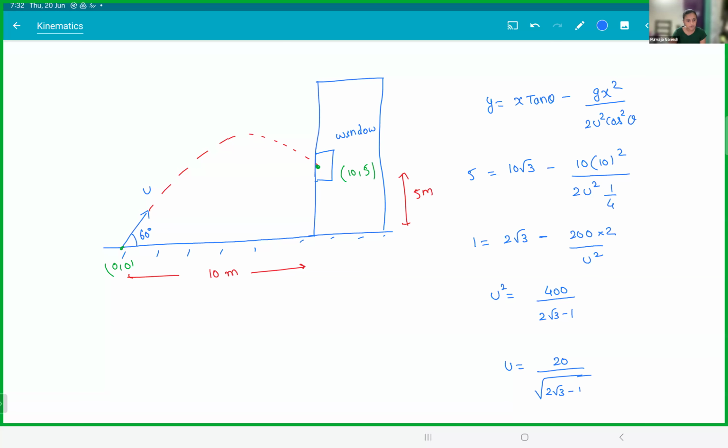We get t2 is equal to u sin theta plus, take the plus root, negative goes off anyway, root of u square sin square theta plus 2gh, by g. The range would be the horizontal velocity into time of flight, which in this case is u cos theta into t2. You can leave it like this. Check.